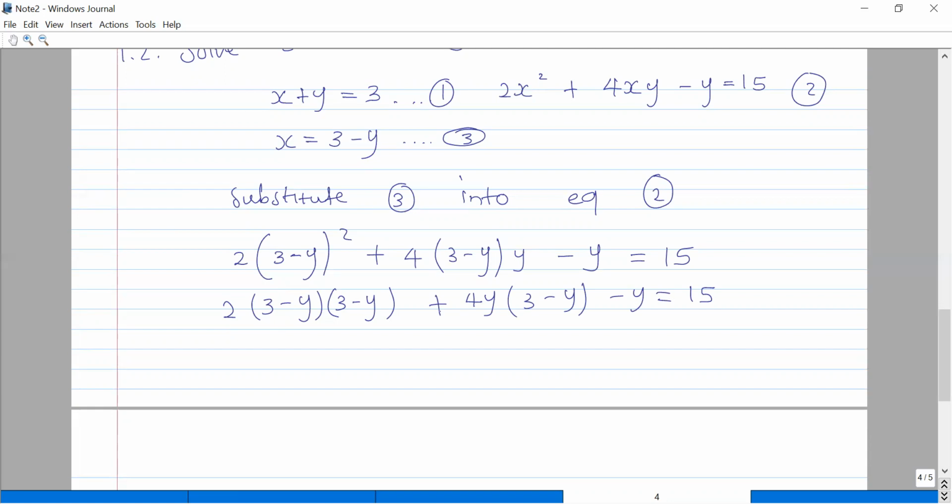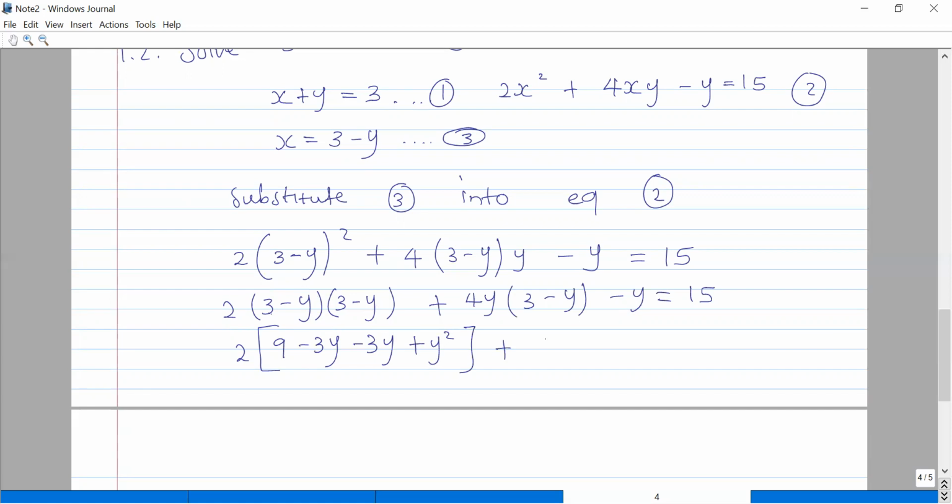Okay, so we have 2, then just open a big bracket. So 3 times 3, we have 9. 3 times minus y is minus 3y. Minus y times 3, we have minus 3y again. And minus y times minus y is plus y squared.